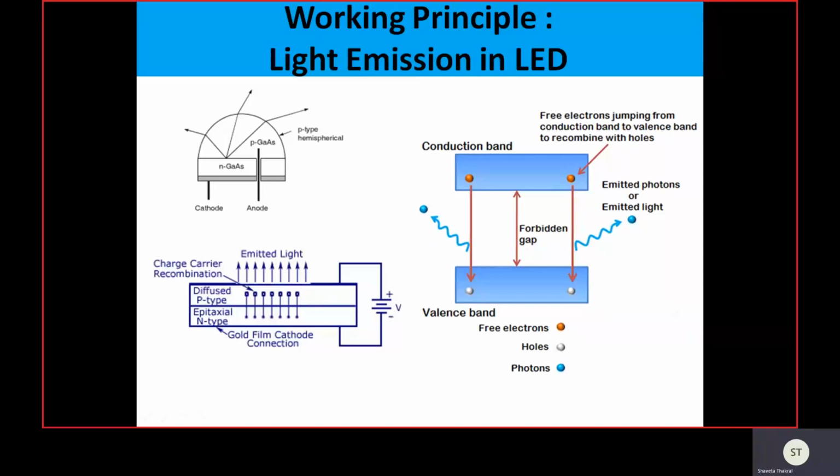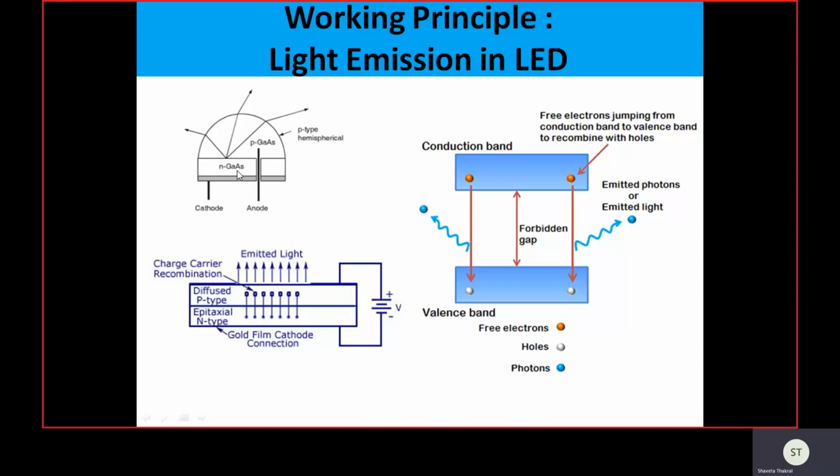Now we are discussing the working principle, that is the light emission in the LED. This is the pictorial representation where we can see the diffused p-type layer that consists of gallium arsenide material, and here we have the epitaxial n-type layer that is again gallium arsenide material.